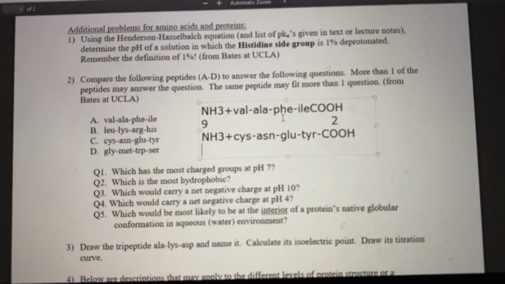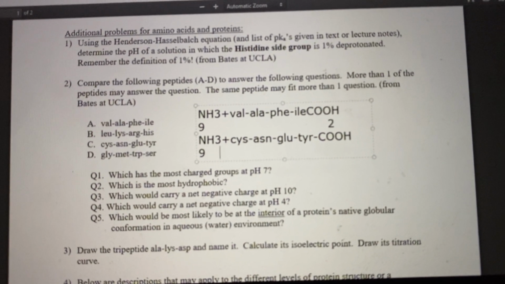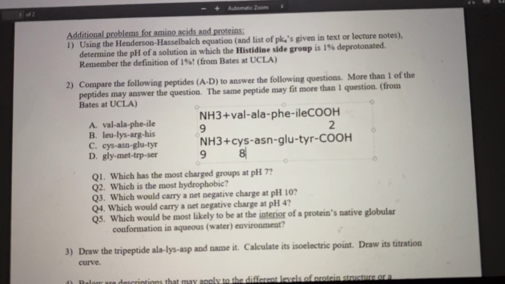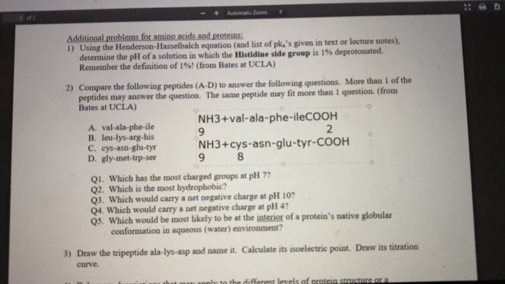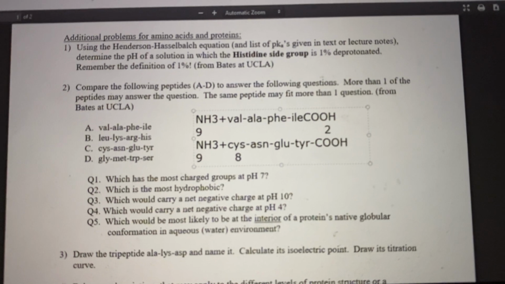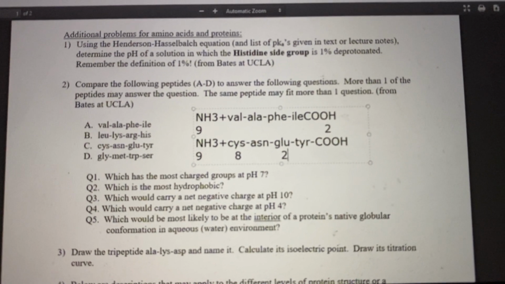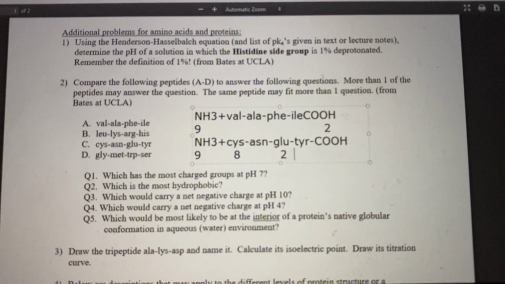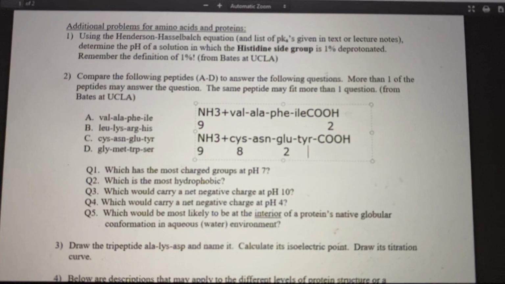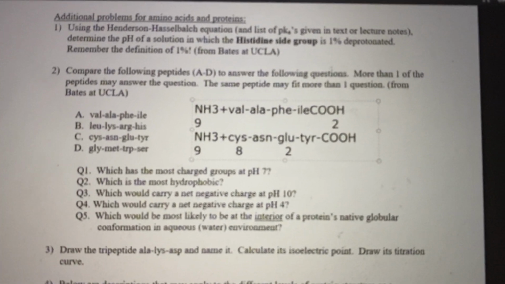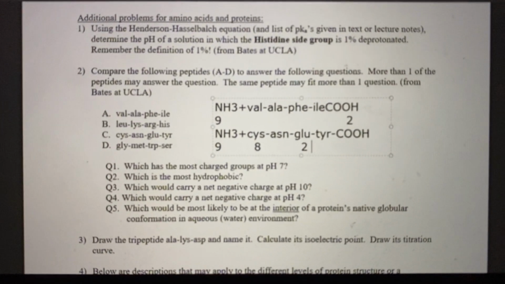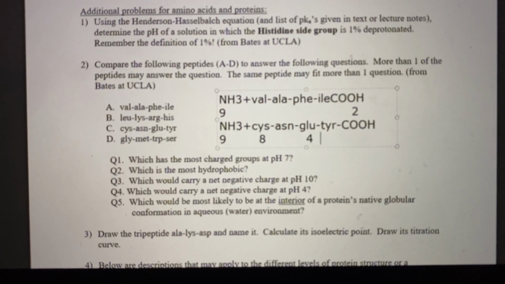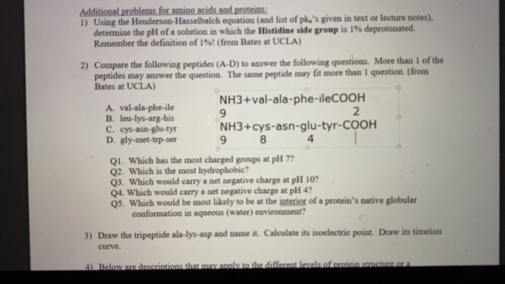And then the alpha amino group again is 9. Just double check these, look them up. Cysteine is 8. Asparagine doesn't have one. Glutamic acid for its R group's a 2. I don't worry about the alpha carboxyl because it's in a peptide bond. And then tyrosine doesn't usually have one. And then actually glutamic acid here should be at 4 for the R group. And the carboxyl is 2.